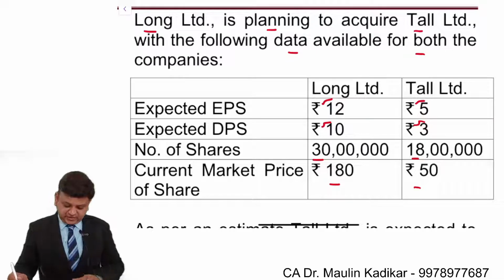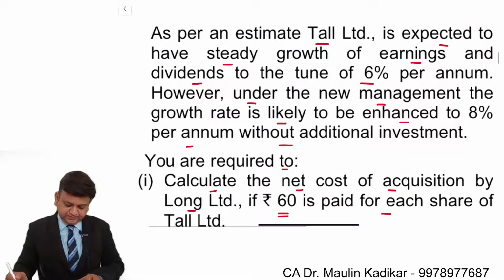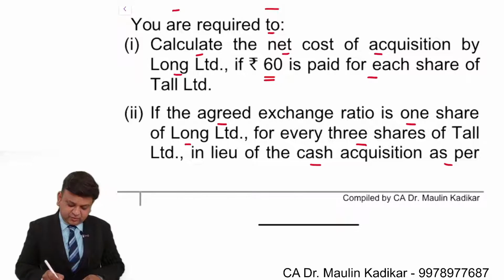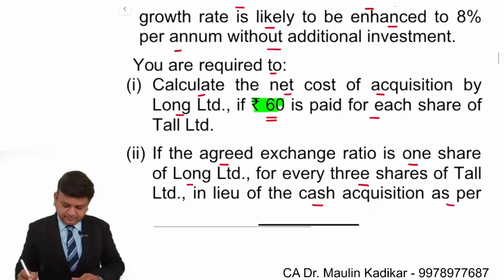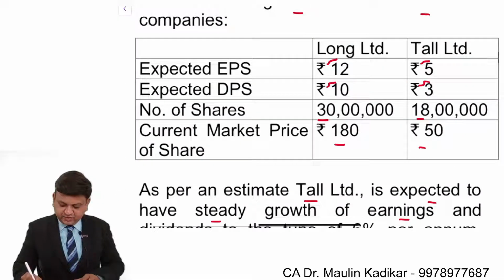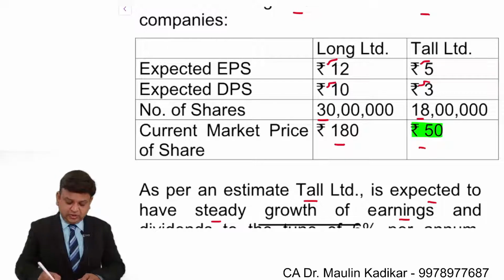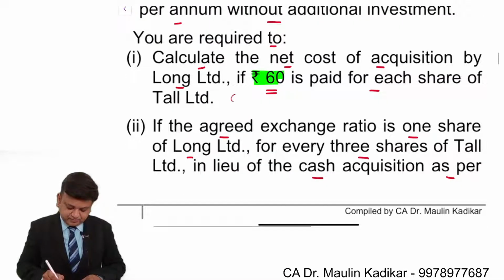Now friends, as far as the first part of the question is concerned, it has been given that we are going to pay cash of rupees 60. The market value of the Tall Limited, that is the target company, is 50 rupees. So how much excess amount is paid by us? 60 minus 50, that comes to rupees 10.